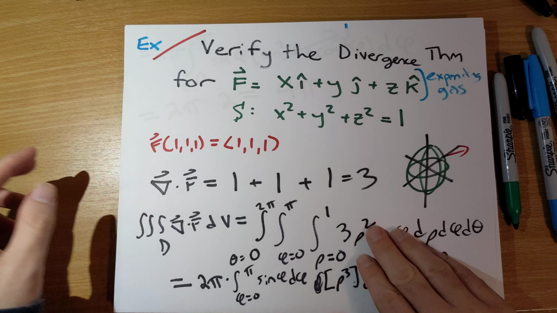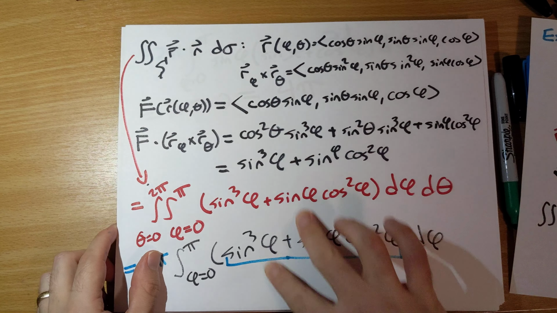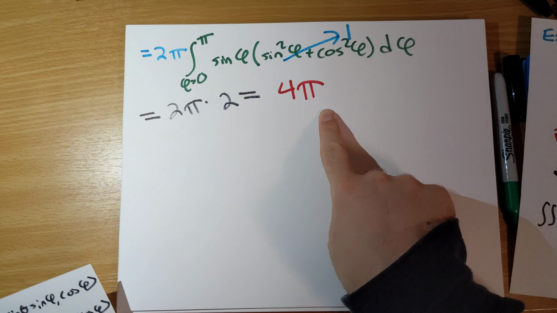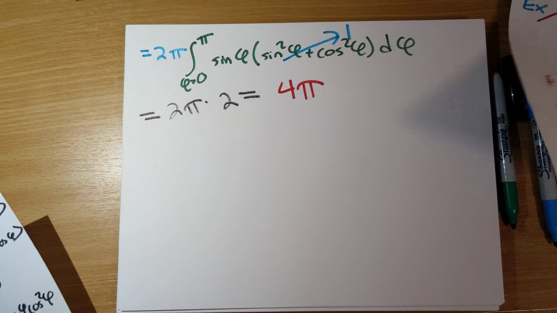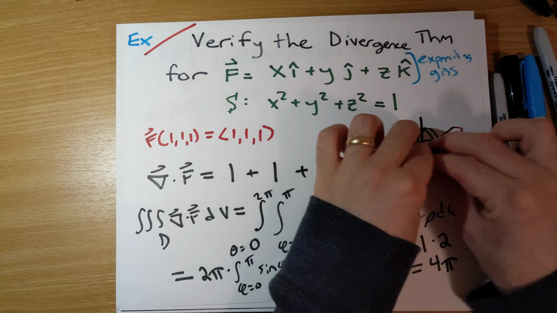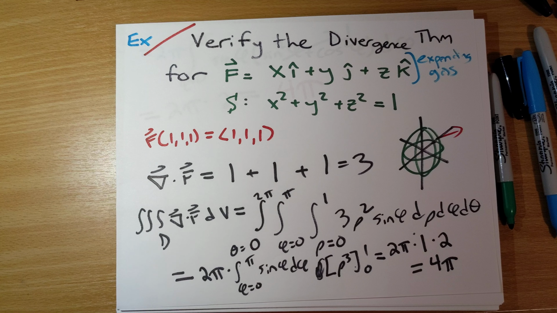But also, in our flux integral, all of these calculations, we end up getting something positive. This says that the net flow outward through the surface is positive. And that makes sense. If you have an expanding gas, of course, stuff is going to have to be moving outward through the boundary there. That makes sense.